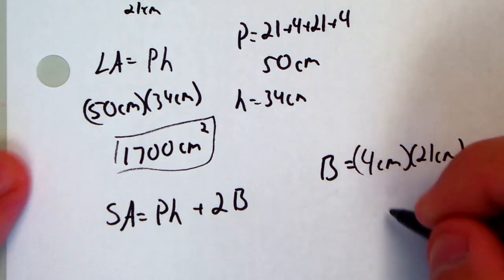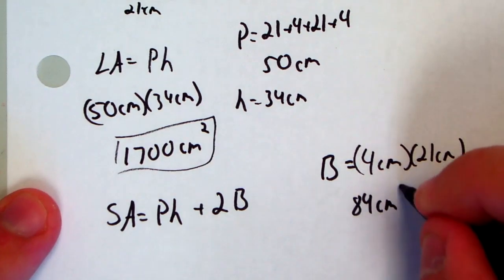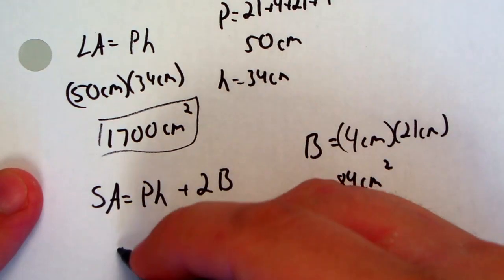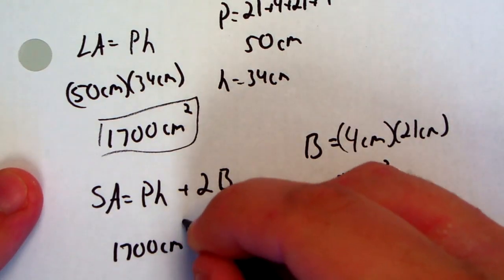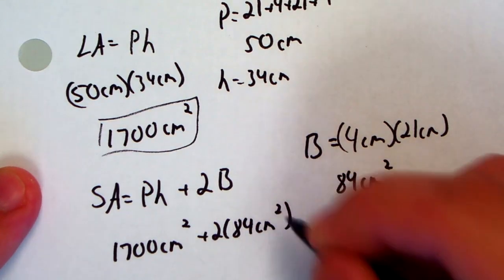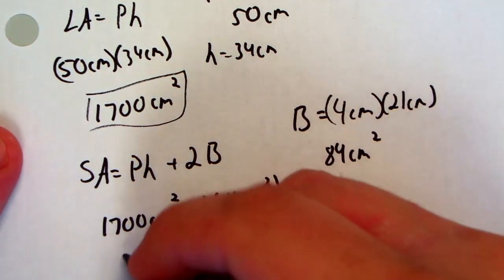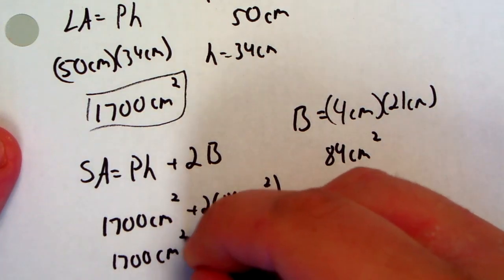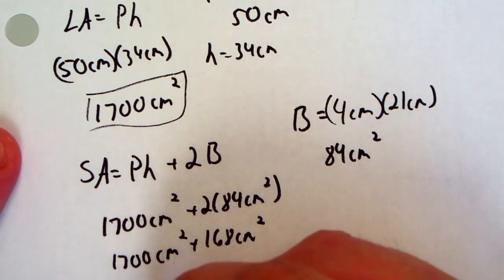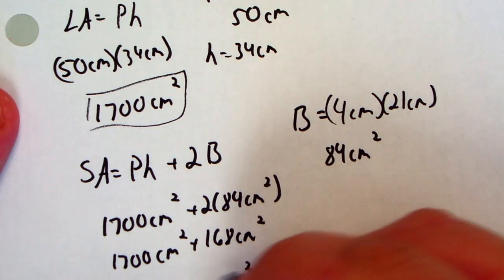So the area of the base is going to be 84 centimeters squared. Start substituting values in. I get 1,700 centimeters squared plus 2 times 84 centimeters squared. 2 times 84 is 168. So the surface area then would be 1,868 centimeters squared.